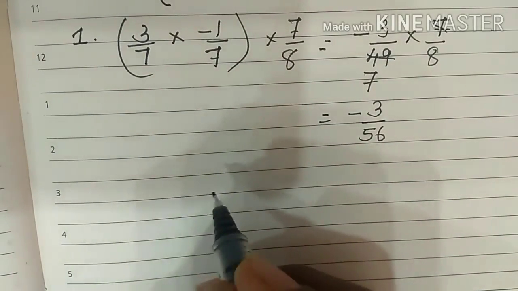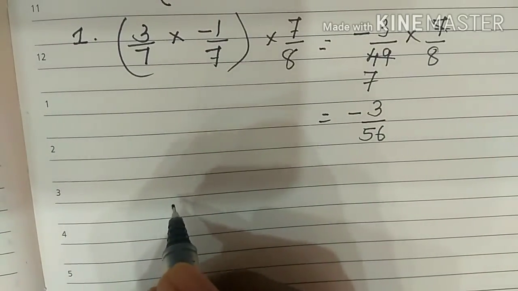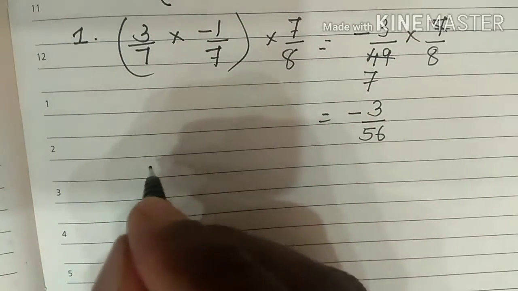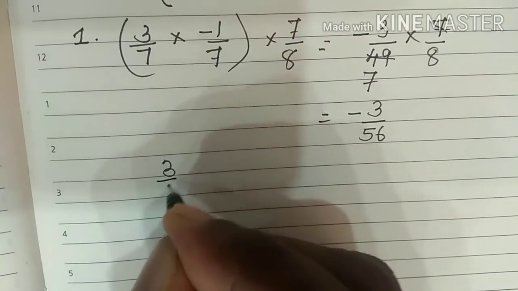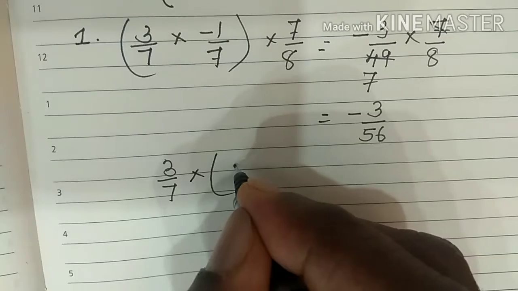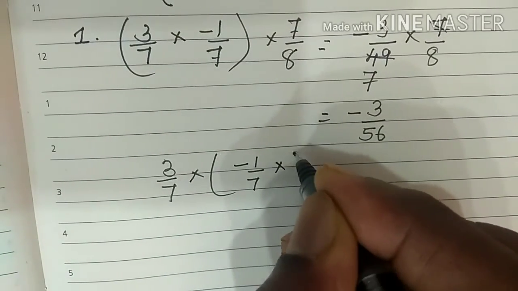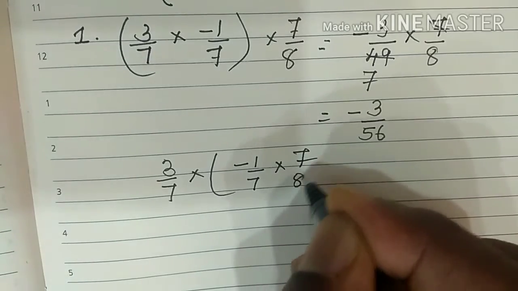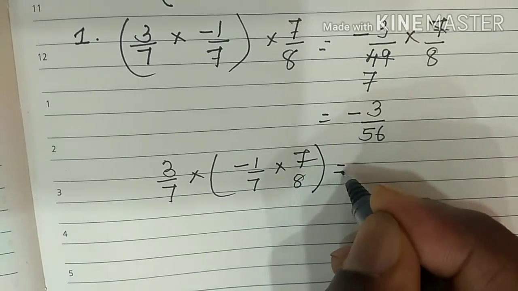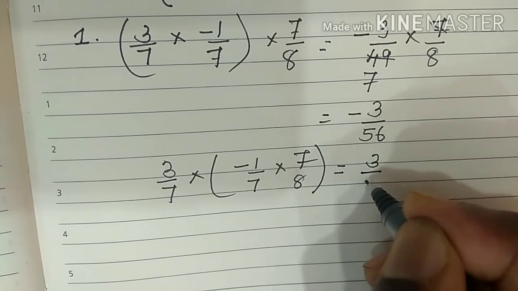Now we'll multiply these three rational numbers changing the order. Okay, so that is 3 by 7 into, alright, now in brackets, minus 1 by 7 into 7 by 8. Okay, so we'll write the first rational number as it is.